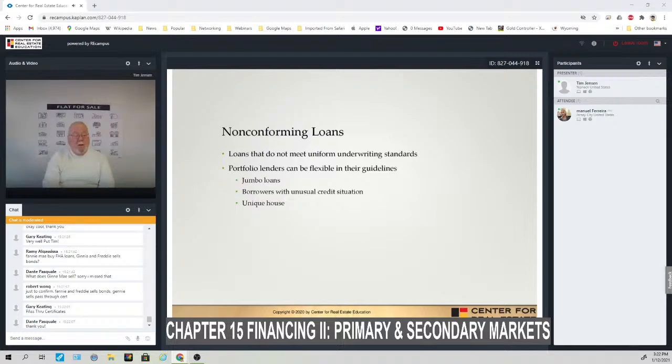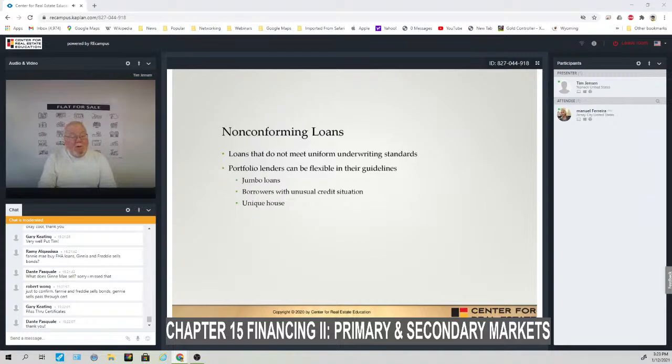Non-conforming loans could be jumbo loans. Jumbo loans meaning a very large amount of money. When I started doing business in the 90s, a jumbo loan was anything over $400,000. Today, a jumbo loan starts at around $750,000 and goes up. Quite a big change since I started doing real estate. Borrowers with unusual credit situations are then probably subject to a non-conforming loan where certain portfolio lenders will look at it and maybe float the loan because of the very unique situation.